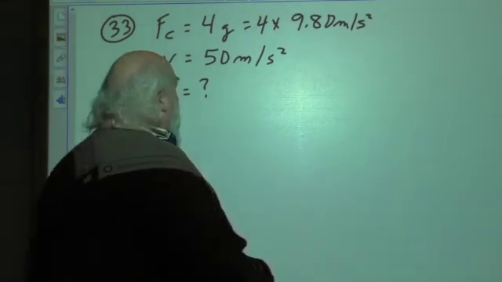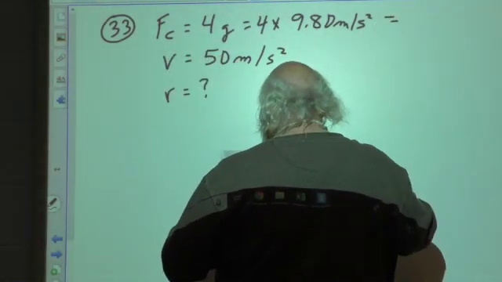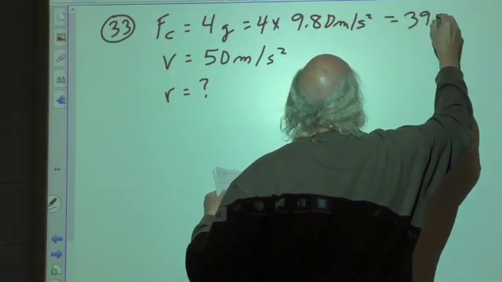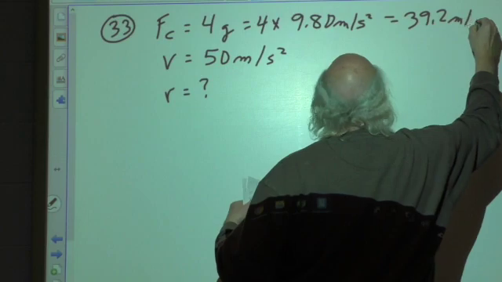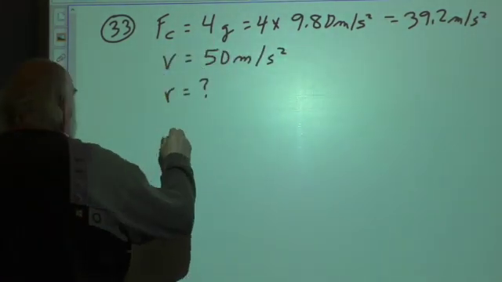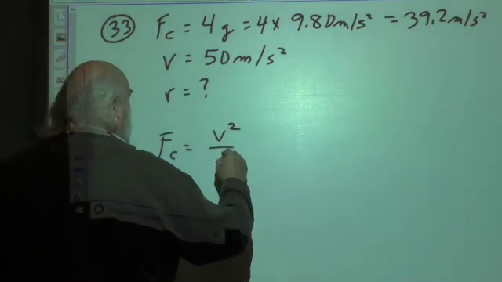So when we do that, we get 39.2 meters per second squared. Now, again, we're using the formula a_c is equal to v squared over r.